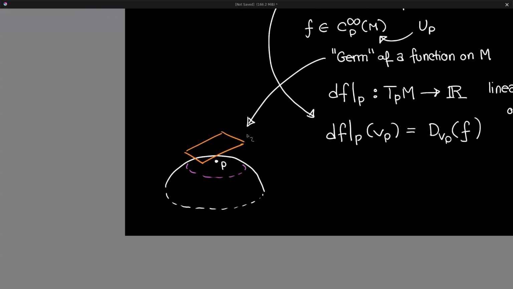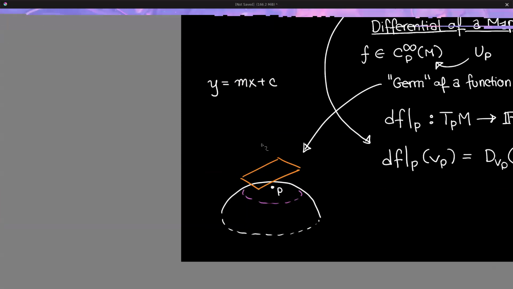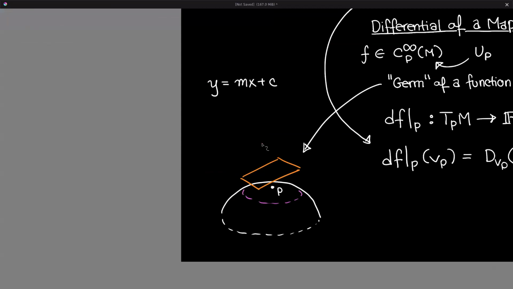Well, what can my function differ by? It can really only differ by a constant function, right? Otherwise, we would change its linear behavior. This is just an analogy, but take y equals mx plus c. If we added anything proportional to x, then we would change its linear behavior. If we added anything proportional to x squared, we would turn it into a quadratic function. We definitely don't want that.